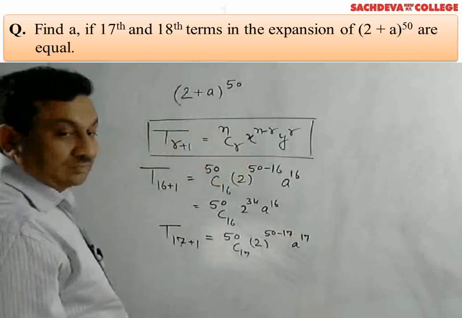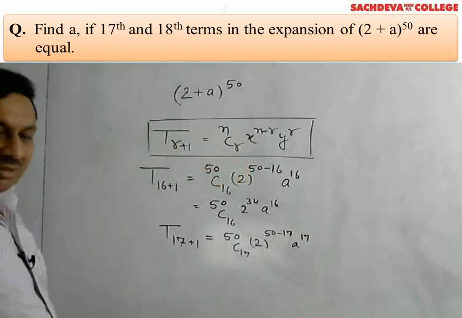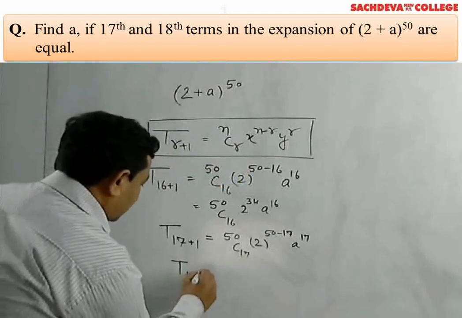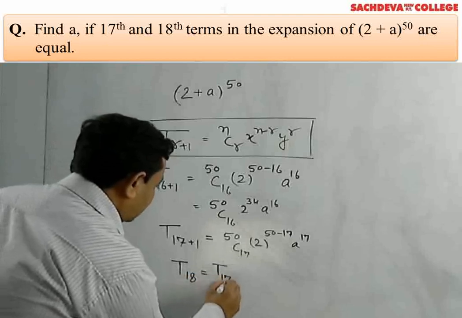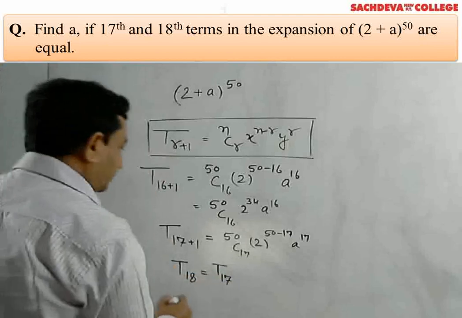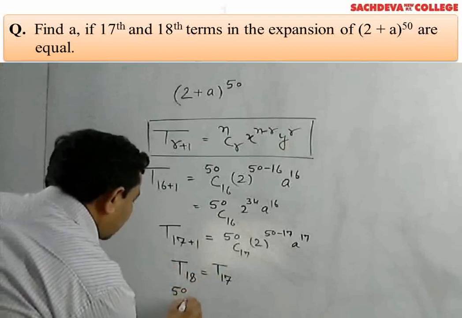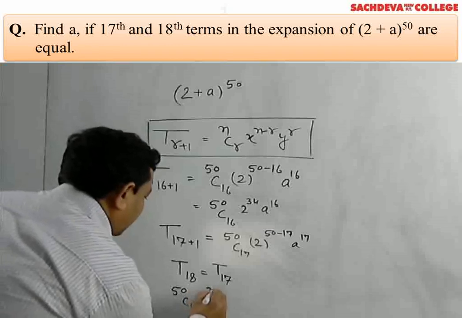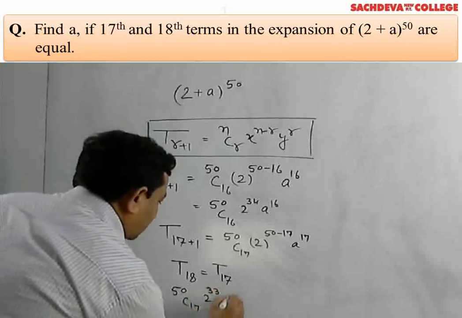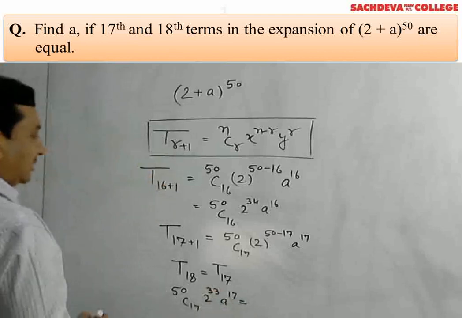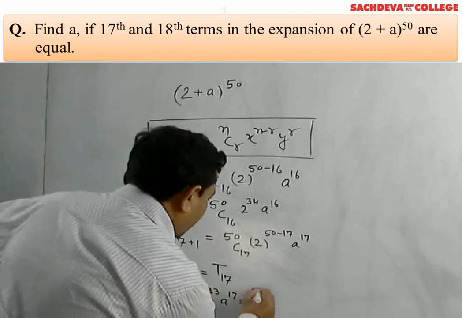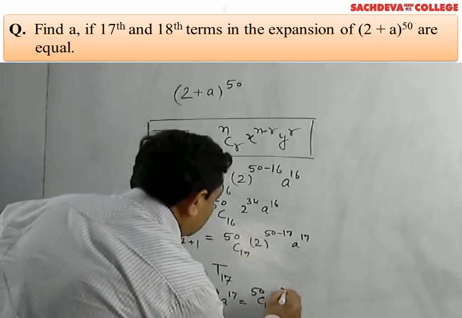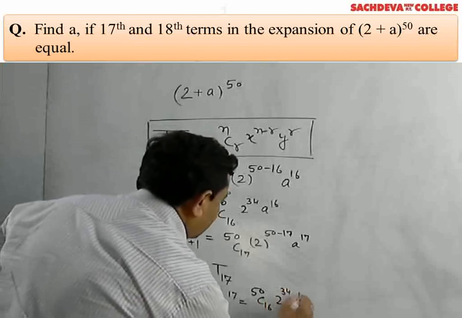But given that the 17th and 18th terms are equal, so T18 will be equal to T17. T18 is 50C17 into 2 to the power 33 into a to the power 17, and the 17th term is 50C16 into 2 to the power 34 into a to the power 16.